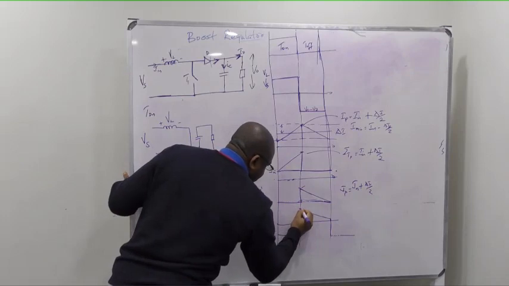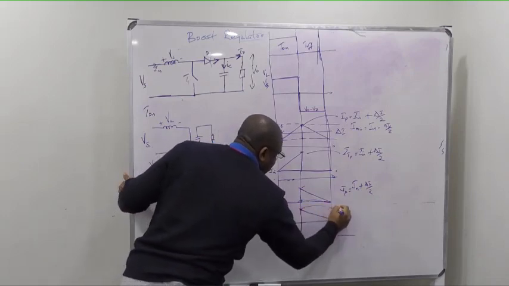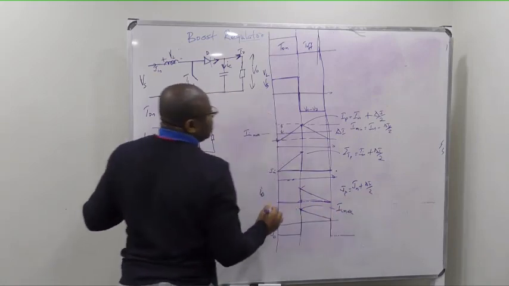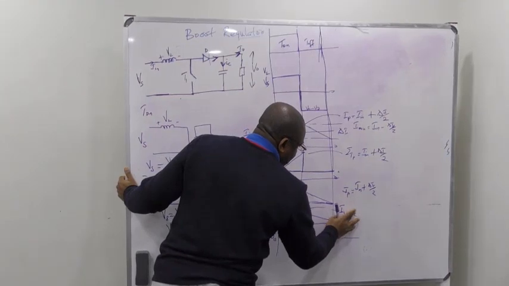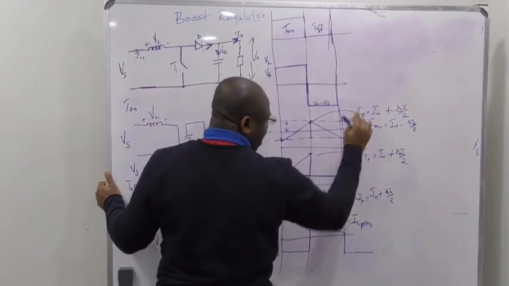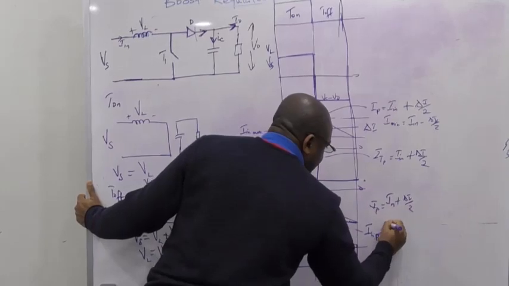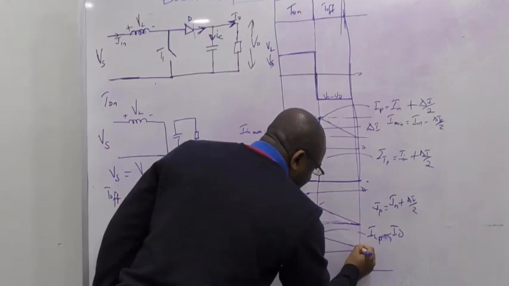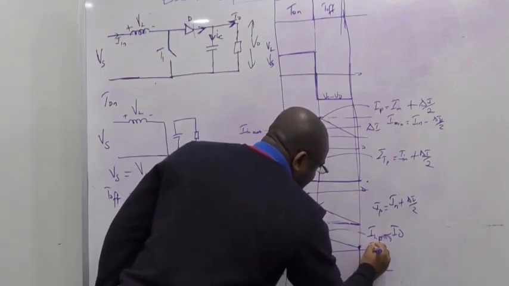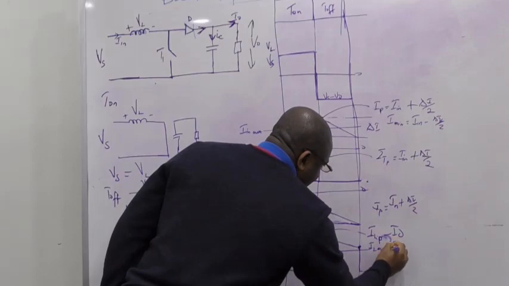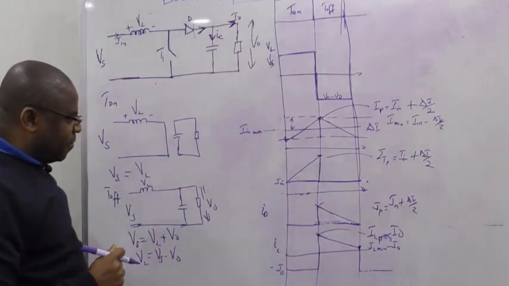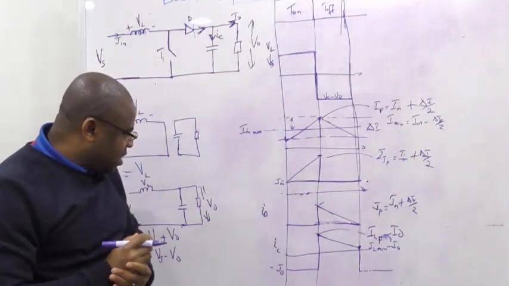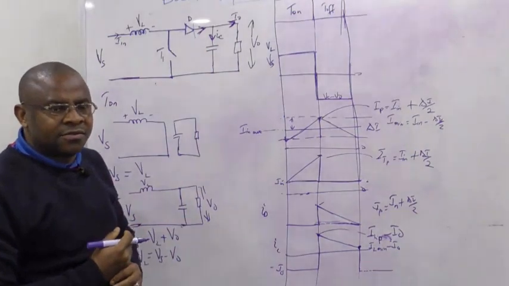So this point that you have here will be the same thing as IL maximum, this peak value, minus IO, will be the peak of this. And also even here will be IL minimum minus IO. So that becomes the waveform for the current flowing through the capacitor.